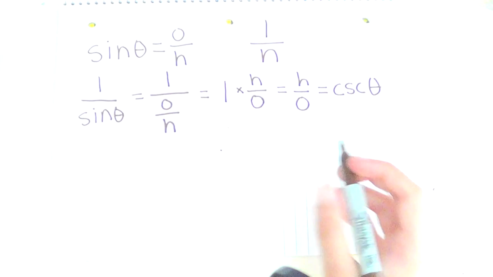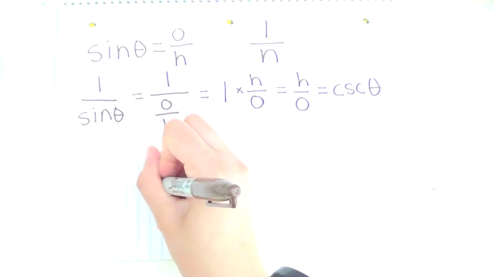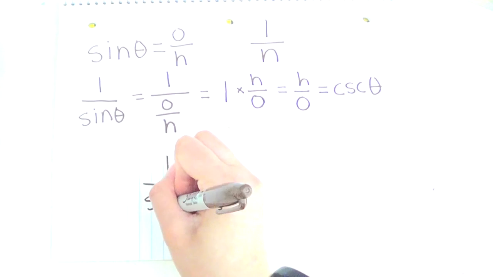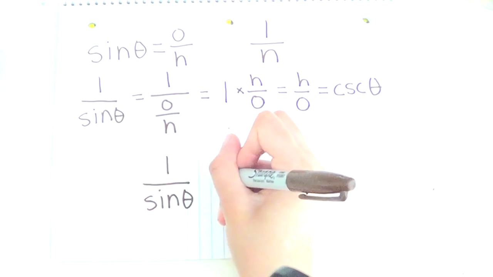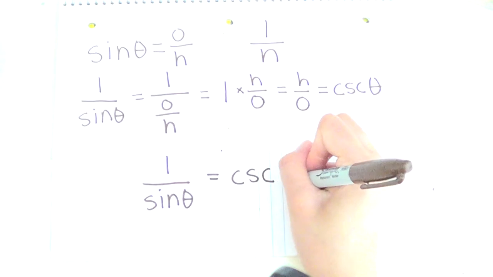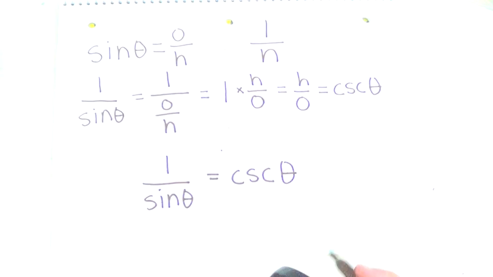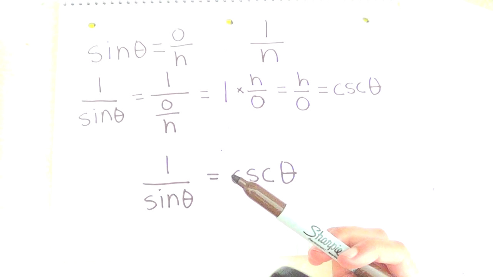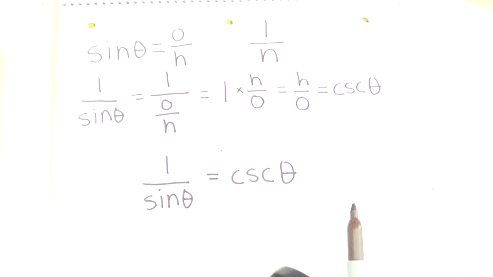So thus 1 over sine theta equals cosecant theta. So that is the reciprocal identity for the trig function sine theta.